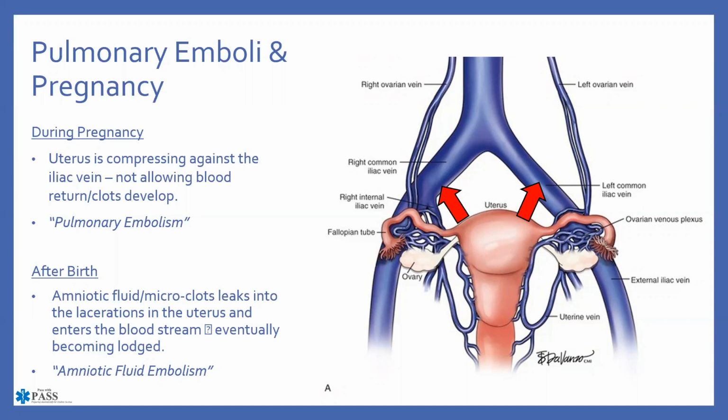This is referred to as an amniotic fluid embolism, but the result is the same: sudden onset of difficulty breathing and chest pain. Essentially, they're going to have to get that embolus out, whether it be air, fluid, or a thrombus. They're going to have to get into that pulmonary artery and remove the clot. Otherwise, the patient is not going to have a good outcome.